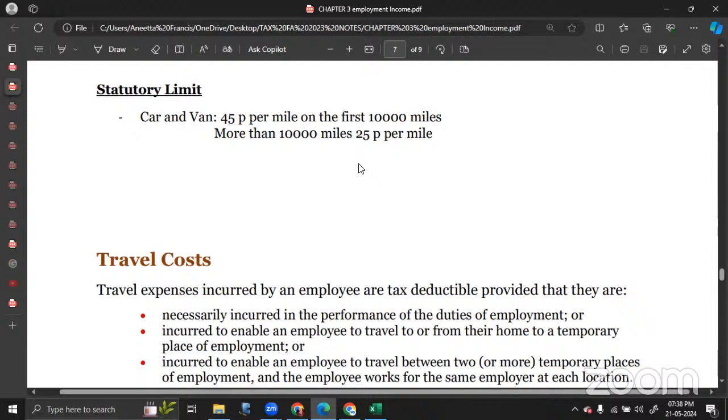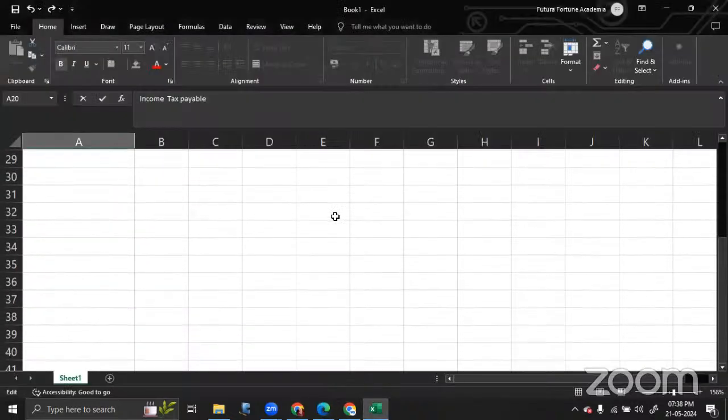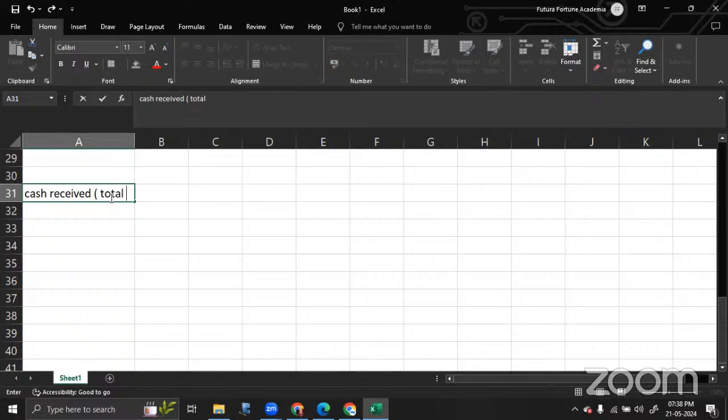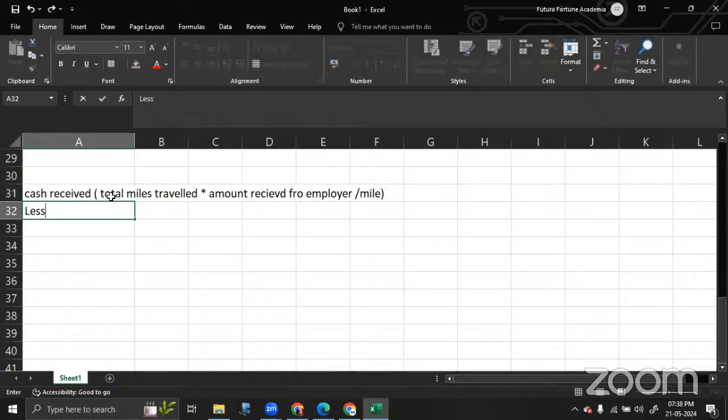Okay, that is your statutory limit. So when you do the calculation, you will write cash received. Cash received is equal to total miles traveled into the amount received from your employer per mile. From this, you have to make the statutory deduction.